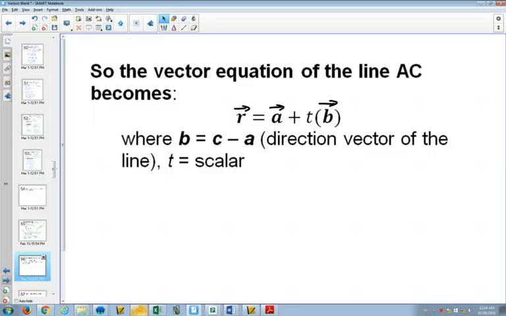But in y equals mx plus b, the b is a specific point. It's always the y-intercept. With the vector equation of the line, the vector a can be any point on the line. So there's a little bit more freedom there with the vector equation of the line rather than y equals mx plus b, because you can use any point as your starting point.